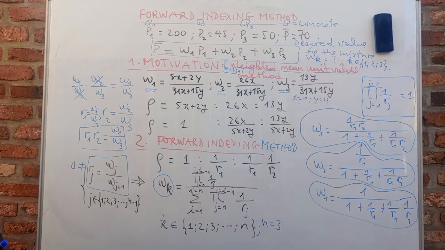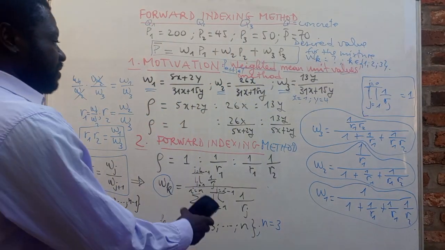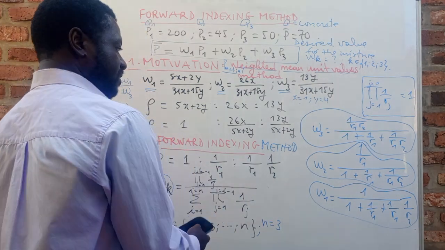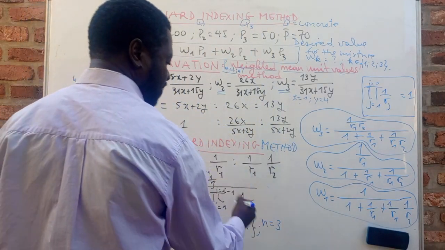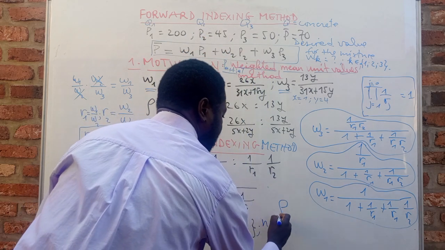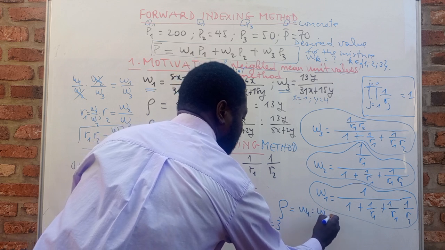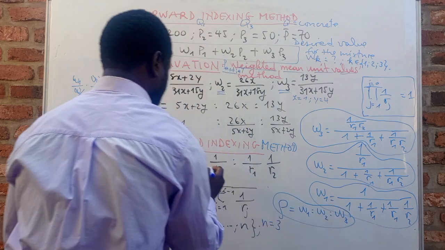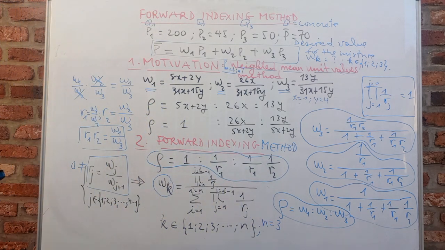Okay, now what will be the ratio? The ratio will be this one, because this ratio is equivalent to the ratio where we have first weight, second weight, third weight. So this one will be equivalent to this ratio also.